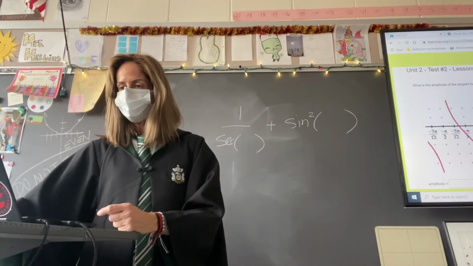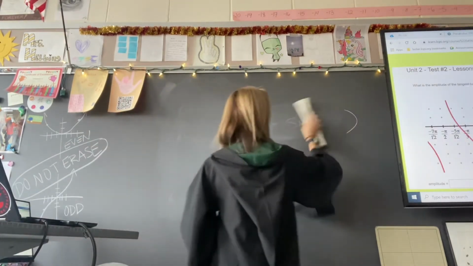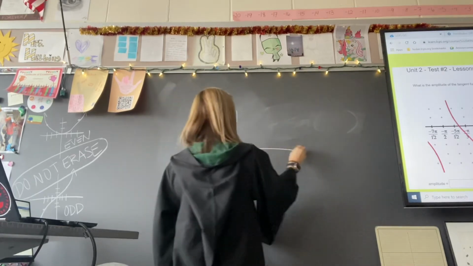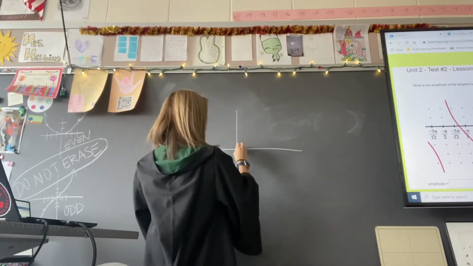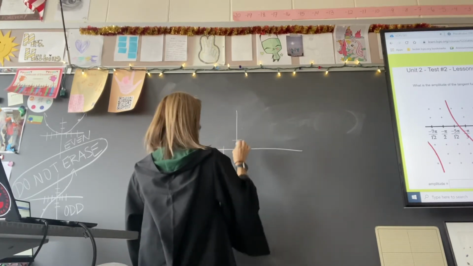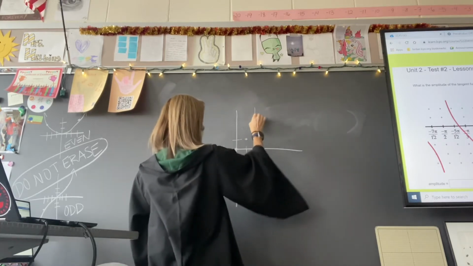What is the amplitude of the tangent function? How do you find the amplitude of a tangent function? It's different than sine and cosine. I'll draw one with an amplitude of 3. So here, the parent function has an amplitude of 1, so it'd be over 1, up 1. So it would look like this.